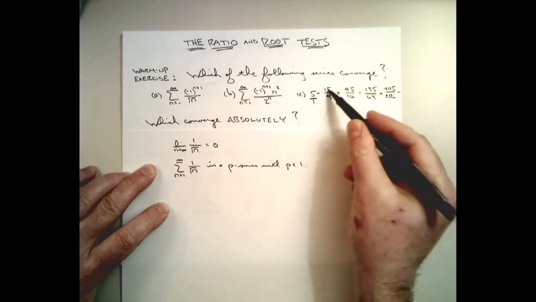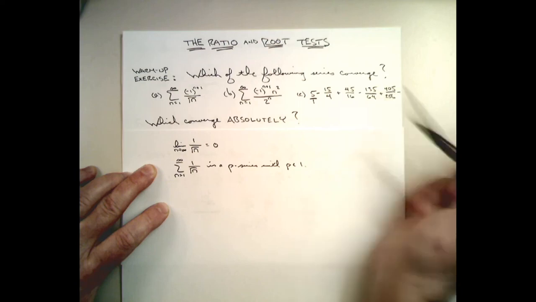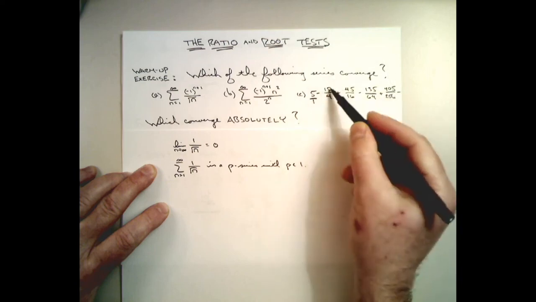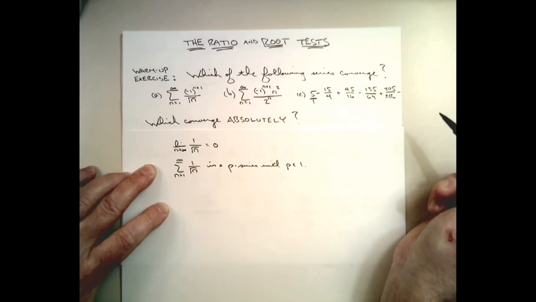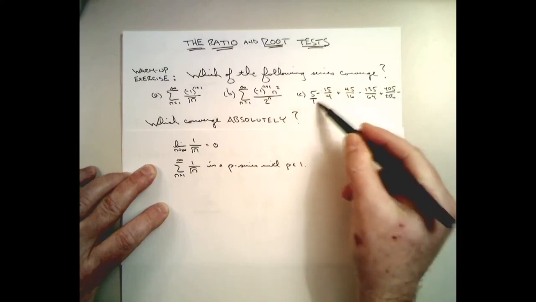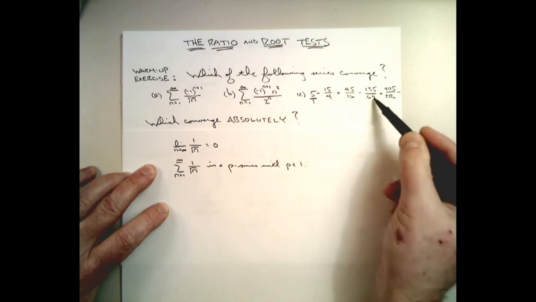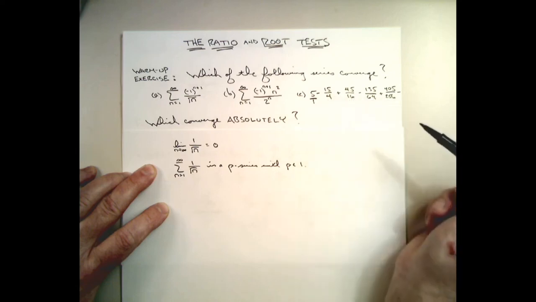If I look at the numerators, it looks like my numerators are being multiplied by 3 with each successive term of the series. It looks like my denominators are being multiplied by 4 for each successive term, if I'm ignoring the signs.